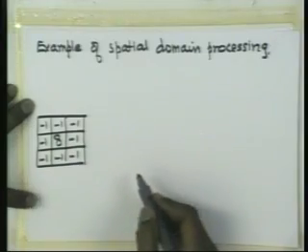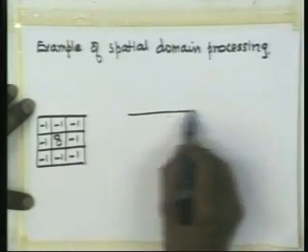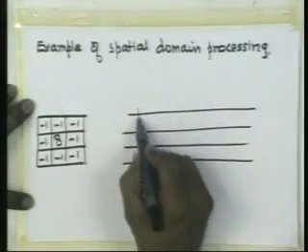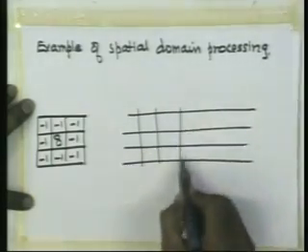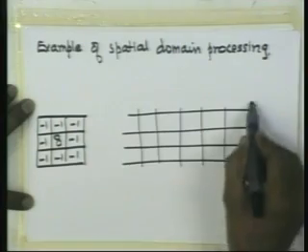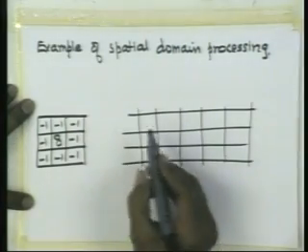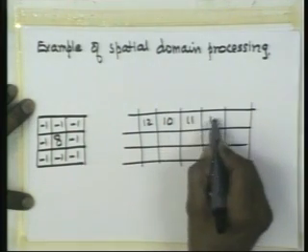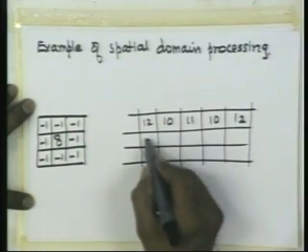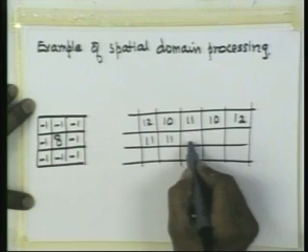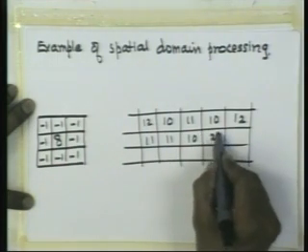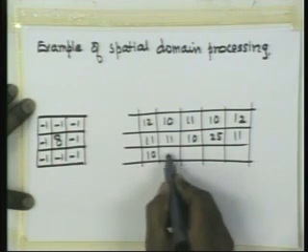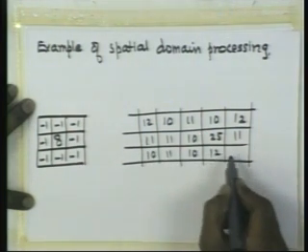Supposing this is my template, and then I take my image or part of the image. Okay. So let me put some values, say this is 12, intensity 10, 11, 10, 12, let's say this is 11, 11, 10, 25, 11, okay, 10, 11, 10, 12, 10.